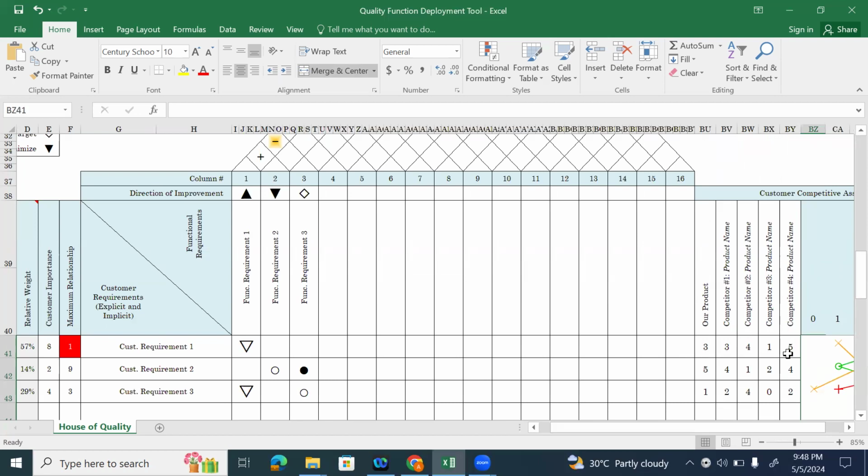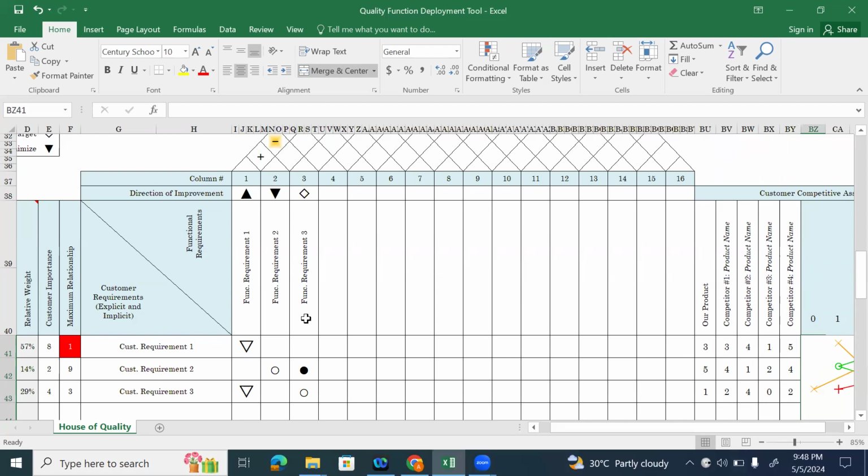Competitor 4 is having 5 out of 5. And the first competitor and second competitor are on par, and the second competitor is higher than our product.